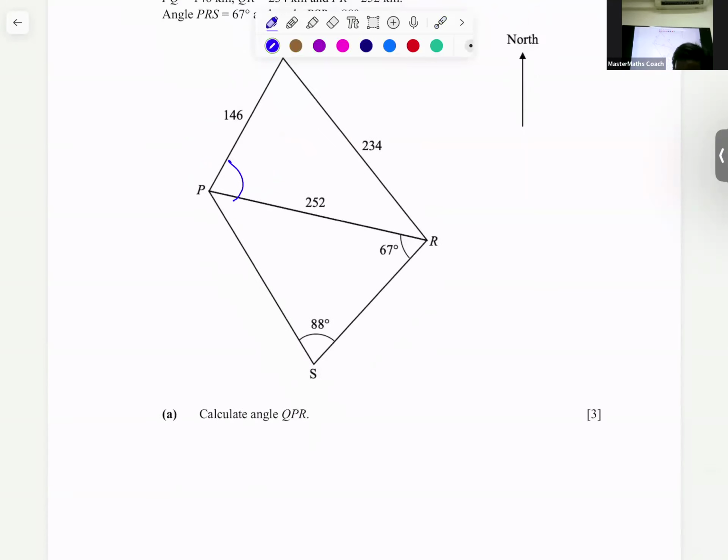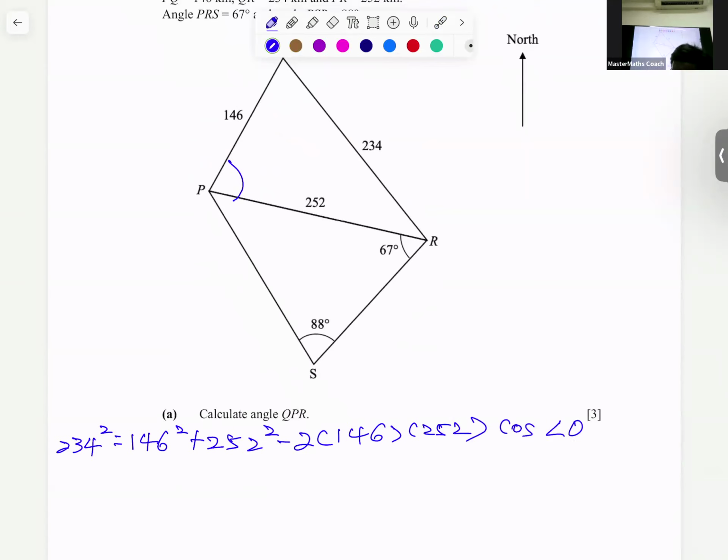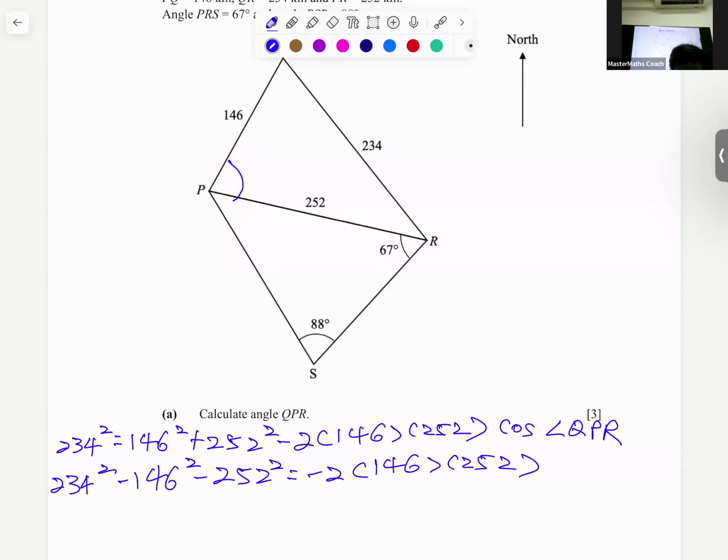So it will be 234 squared equals to 146 squared plus 252 squared minus 2 times 146 times 252 cosine angle QPR. Remember, this is the angle that is in focus. So 234 squared minus 146 squared minus 252 squared equals to minus 2 bracket 146 252 cosine of angle QPR.